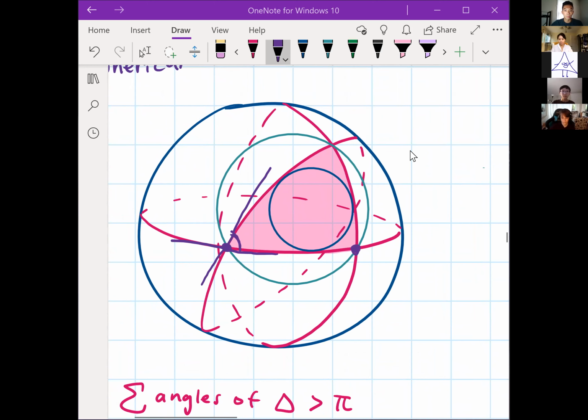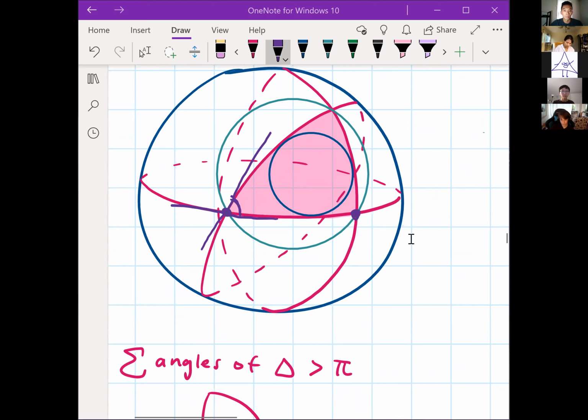So we can also measure angles on a sphere, and we just define the angle to be the angle between the tangent lines. So I guess the result of this is that at each corner of the triangle, it's going to be slightly made bigger.